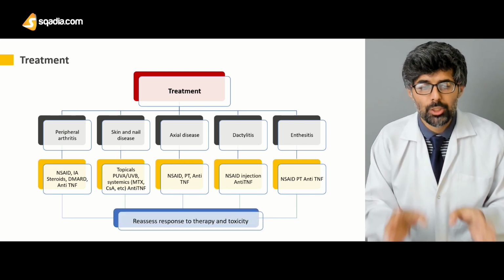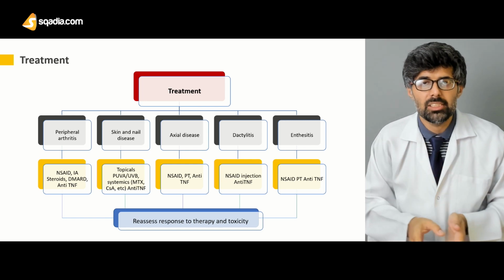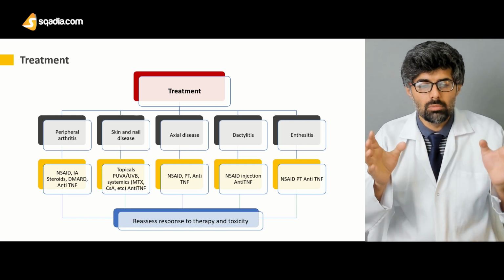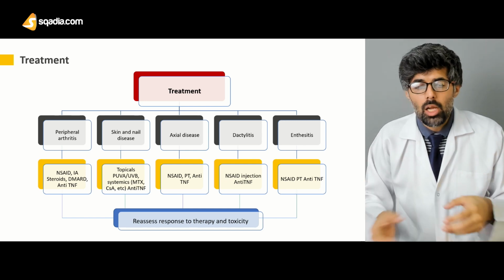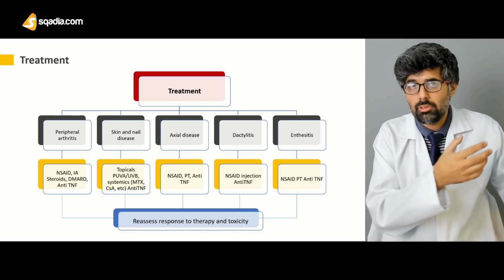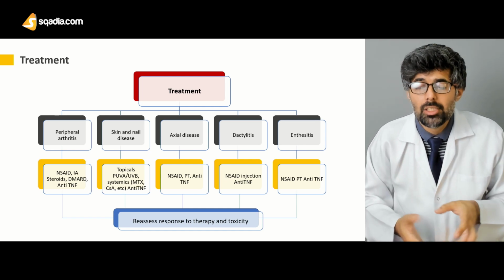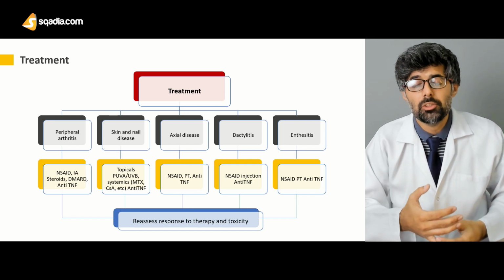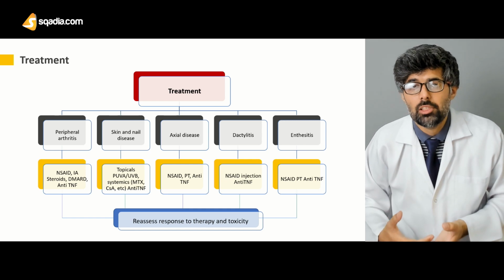Now, because of the treatment of all of these peripheral sites, including the axial or the central site, this results in the patient's recovery, and you can also reassess the response to this therapy. You can modify it, you can increase certain doses, you can relieve certain drugs, because certain drugs can have toxic effects.